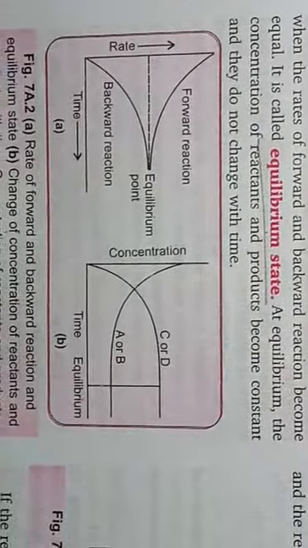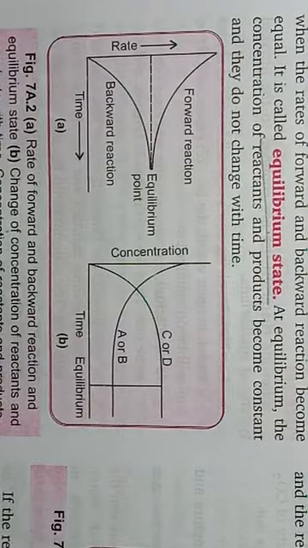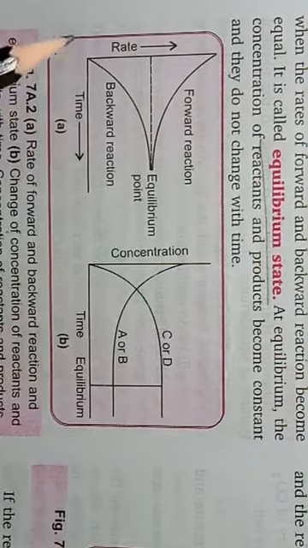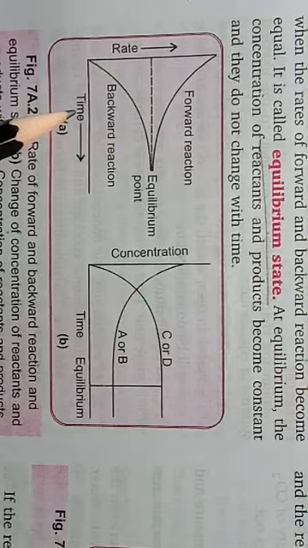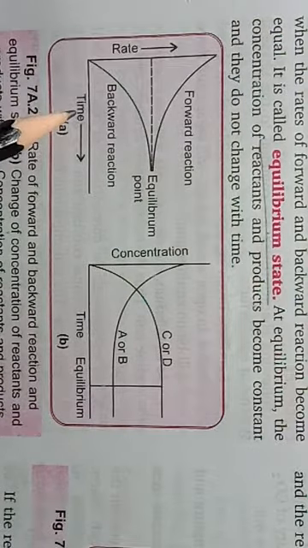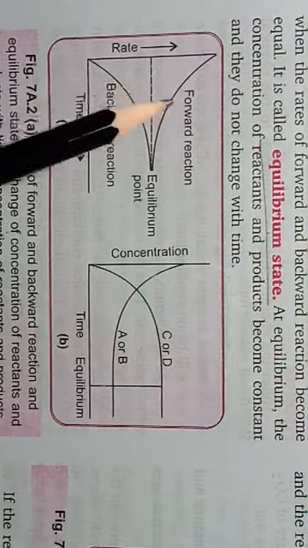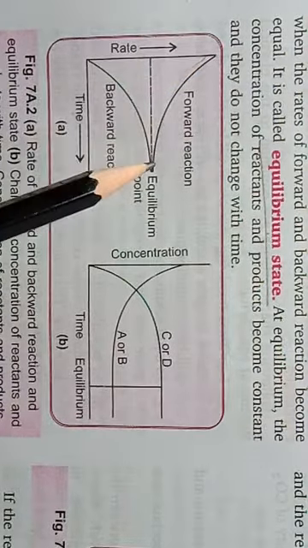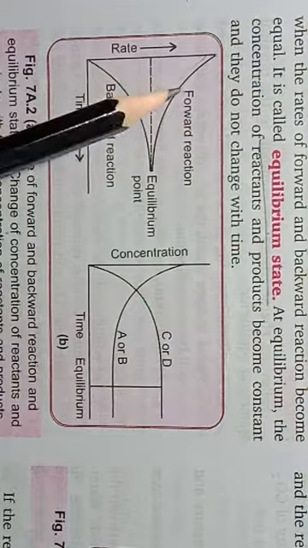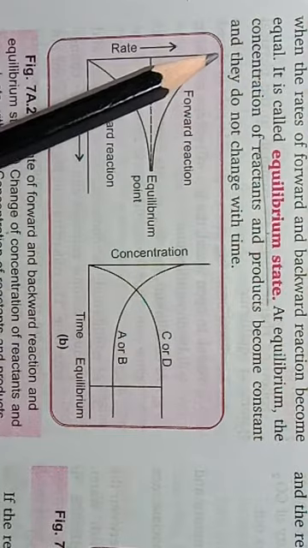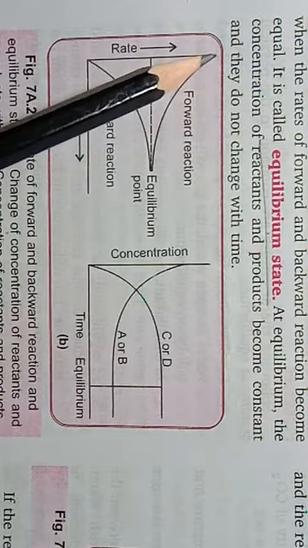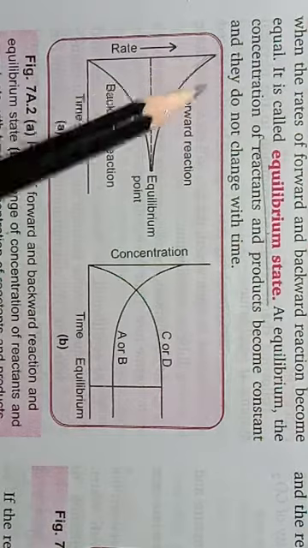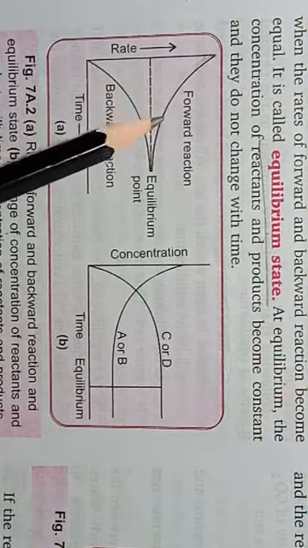As it is shown with the help of a graph. First graph, rate versus time. In the forward reaction, reactants are forming product. As time passes, the concentration or amount of reactant decreases, and the rate of reaction also decreases.